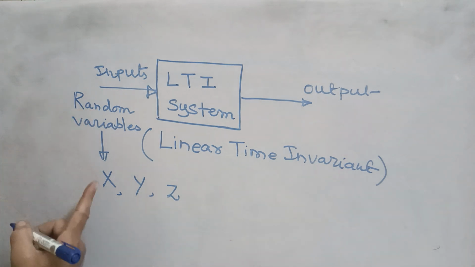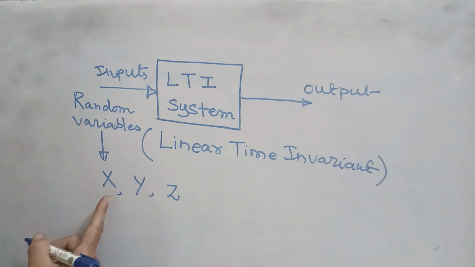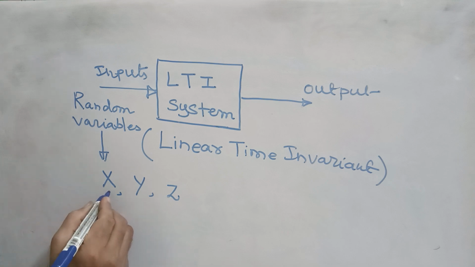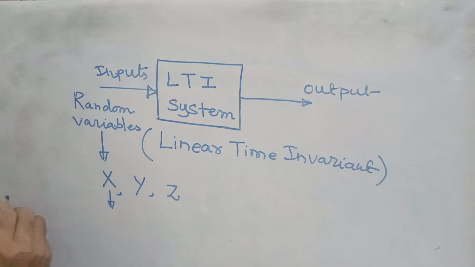So a random variable can be denoted by the capital letters X, Y, Z, and the possible values of random variable X are denoted with a small x.